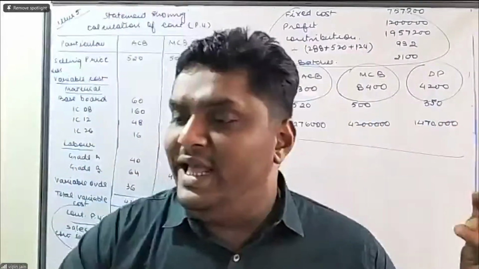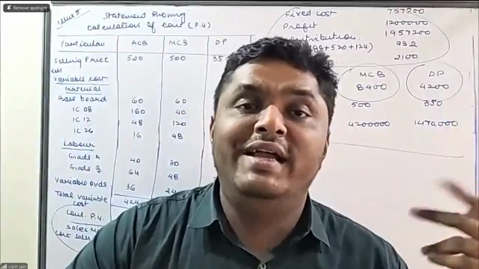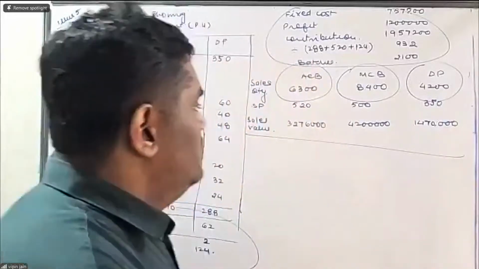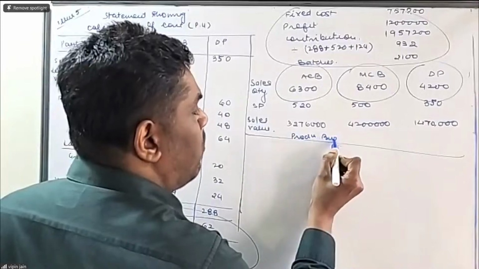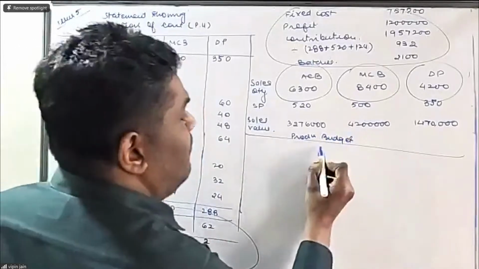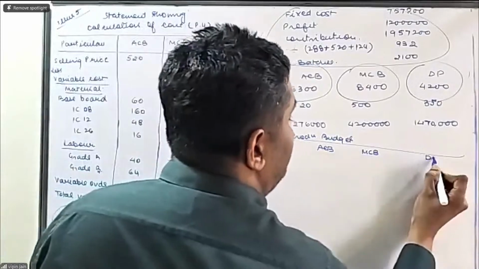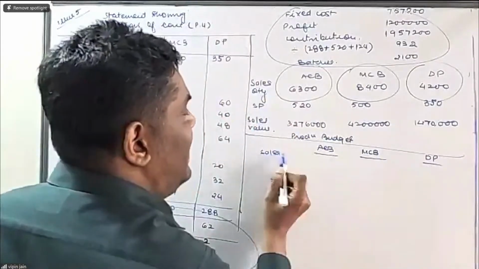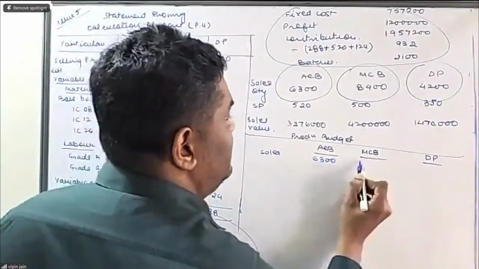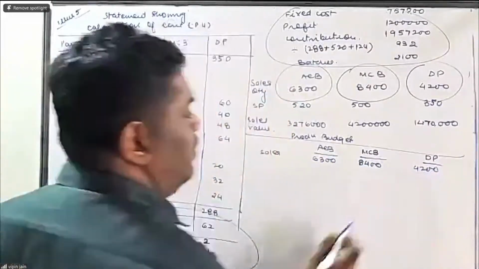Now see, the next part the question is asking is the production budget in quantity, that is, how much quantity is produced. So see, for ACB, MCB and DP, we have the sales quantity, that is 6,300, 8,400 and 4,200.